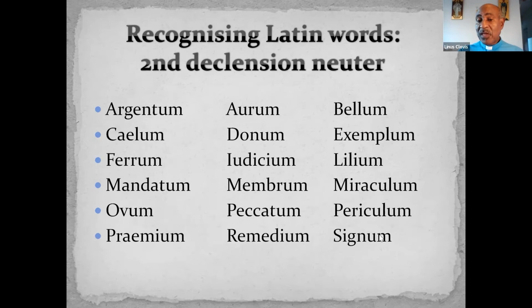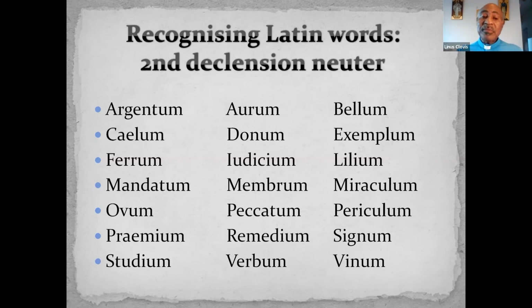If you cross off the UM, you get sign. Signum's a sign. Studium. Studium, study. Verbum, verbosity, verb. Okay, verb. And vinum is wine, from which you get wine.